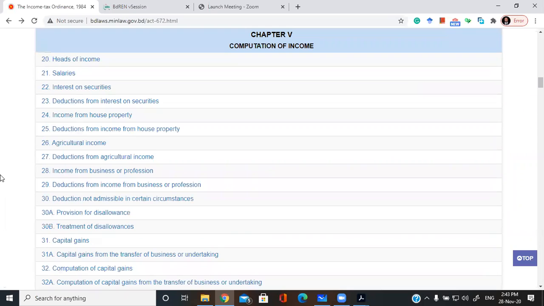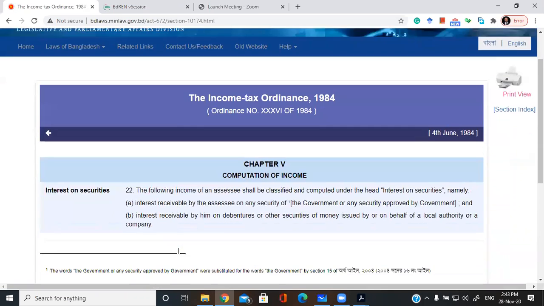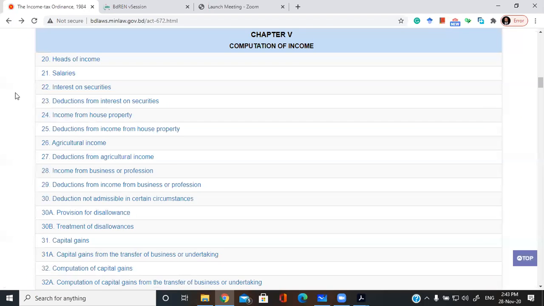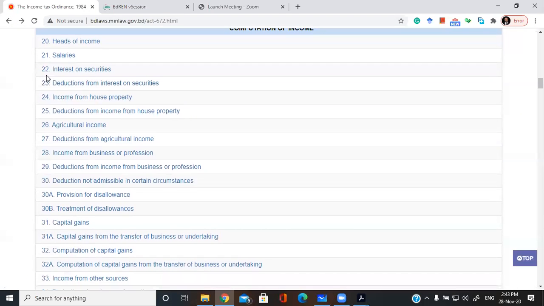So right now we like to concentrate on income from interest on securities. Based on this, you see a chronology, for example, the income heading starts with salary.